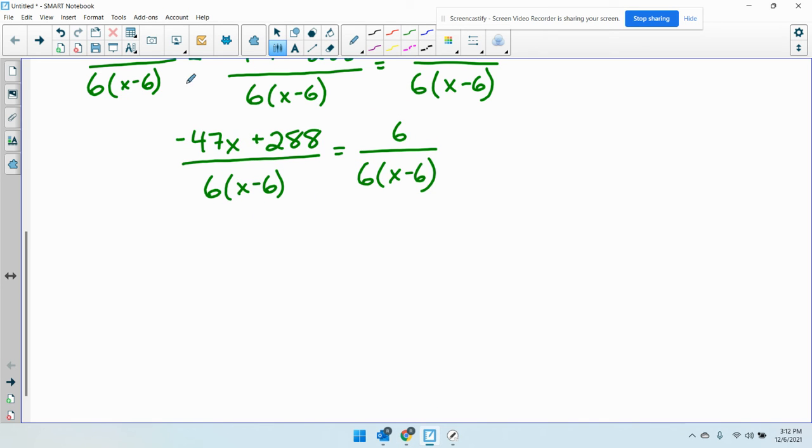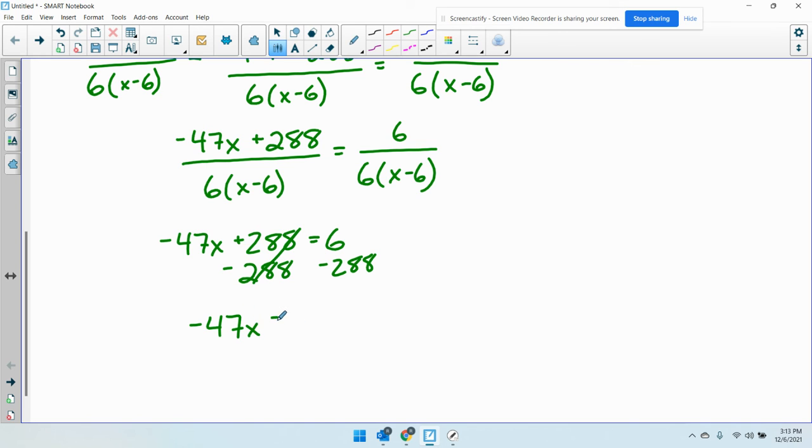So now I'm just going to solve the top, which is negative 47x plus 288 equals 6. Subtract 288, so I have negative 47x equals negative 282.